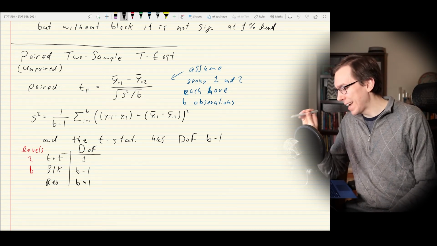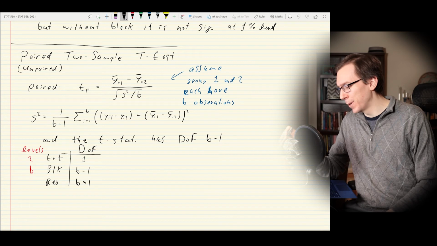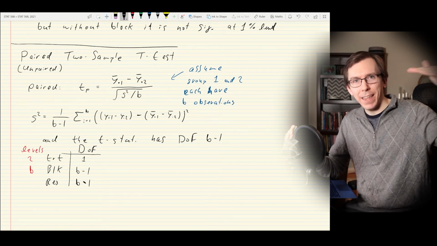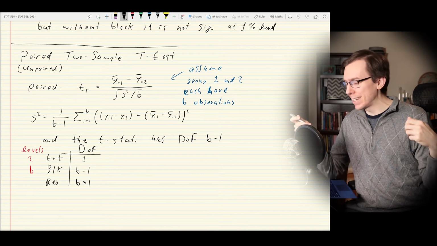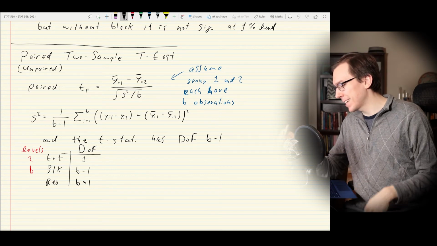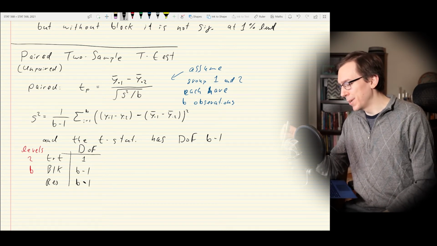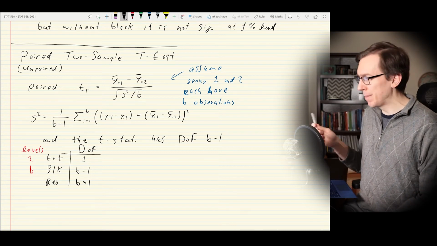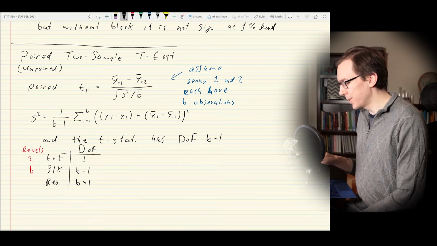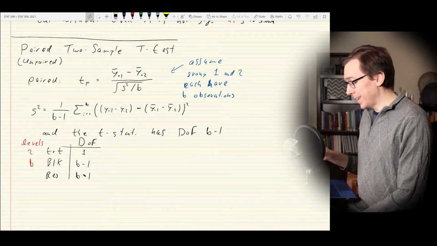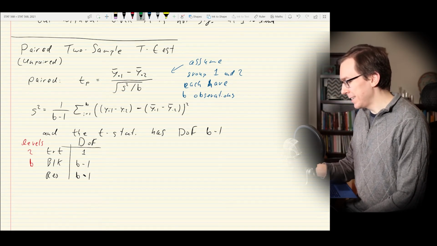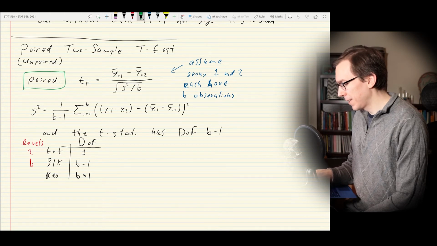So you could test this as an f-statistic with degrees of freedom 1 and b-1 for the numerator and denominator. That's equivalent to the t-test as written above, with single degrees of freedom b-1 for the residual sum of squares. So that's the idea of a paired t-test.